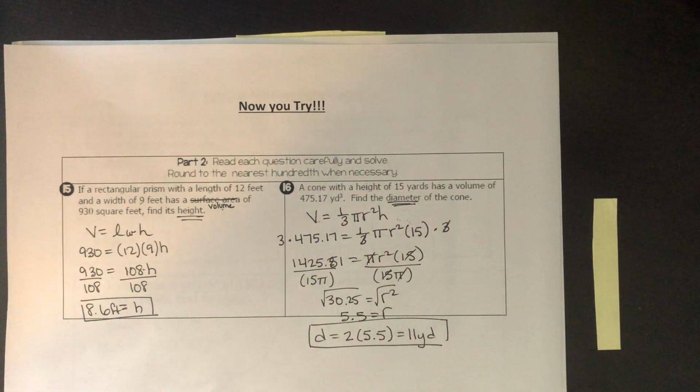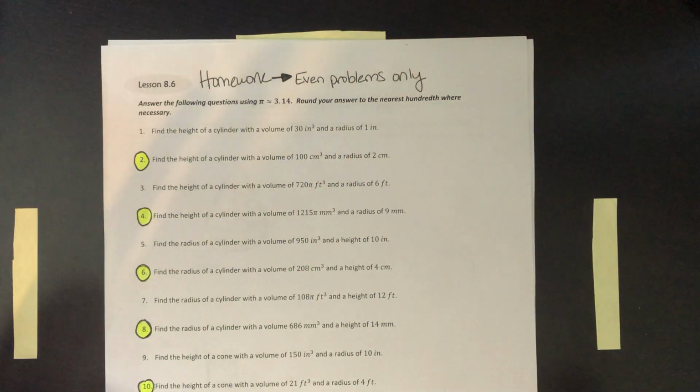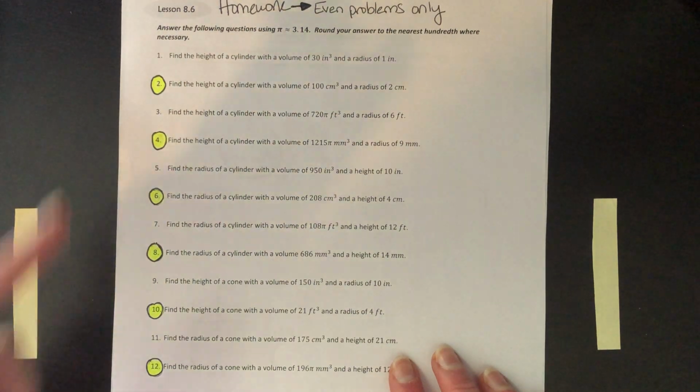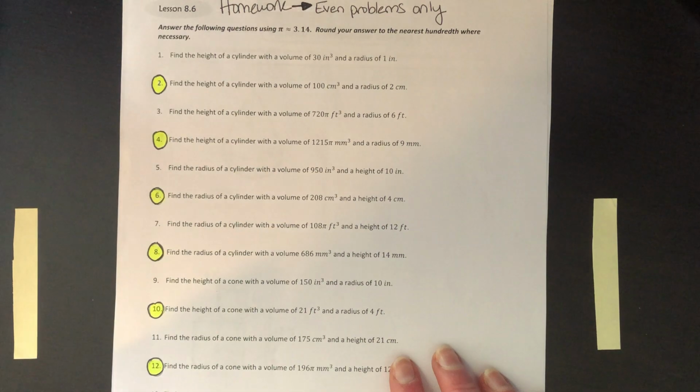Okay? Your homework, which I'm going to show you really quick, but it is also in Google Classroom. Your homework is going to be the first sheet, actually the whole thing, is even problems only. So I have them, for me, it's in yellow, but when I scanned it, it is not showing. But do even problems on the front.